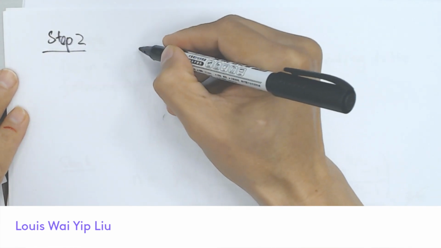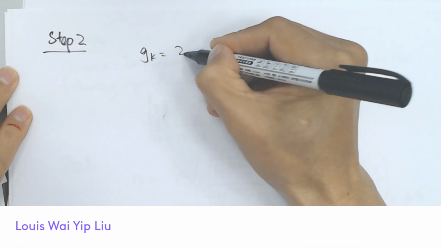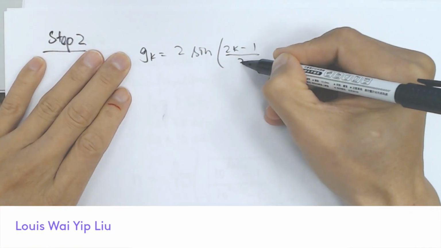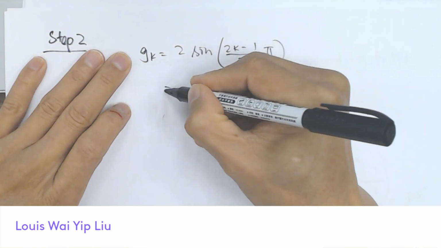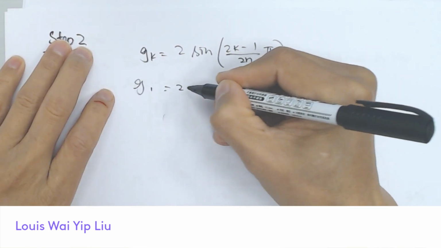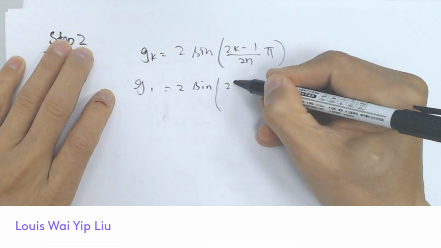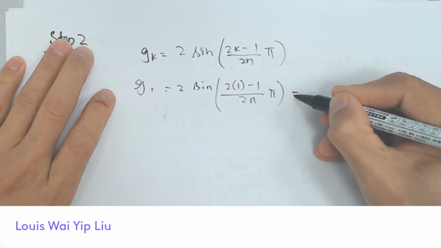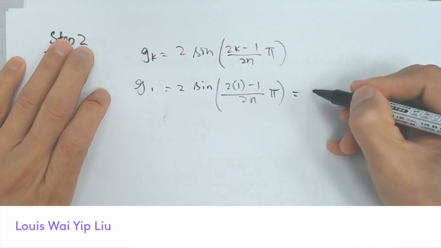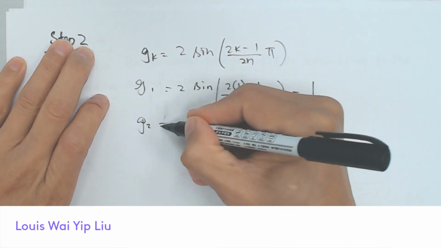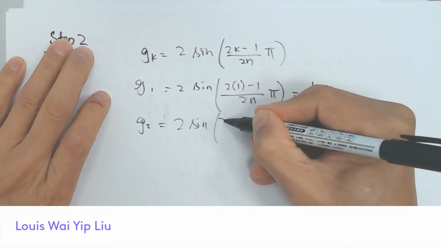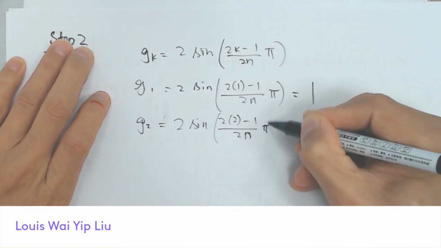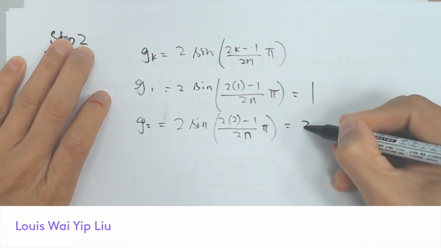The filter coefficients can be calculated using this formula. g1 will be 2 sine of (2 times 1 minus 1) over 2n times pi, and this will end up with 1. g2 will be 2 sine of (2 times 2 minus 1) over 2n times pi, and this will end up with 2.